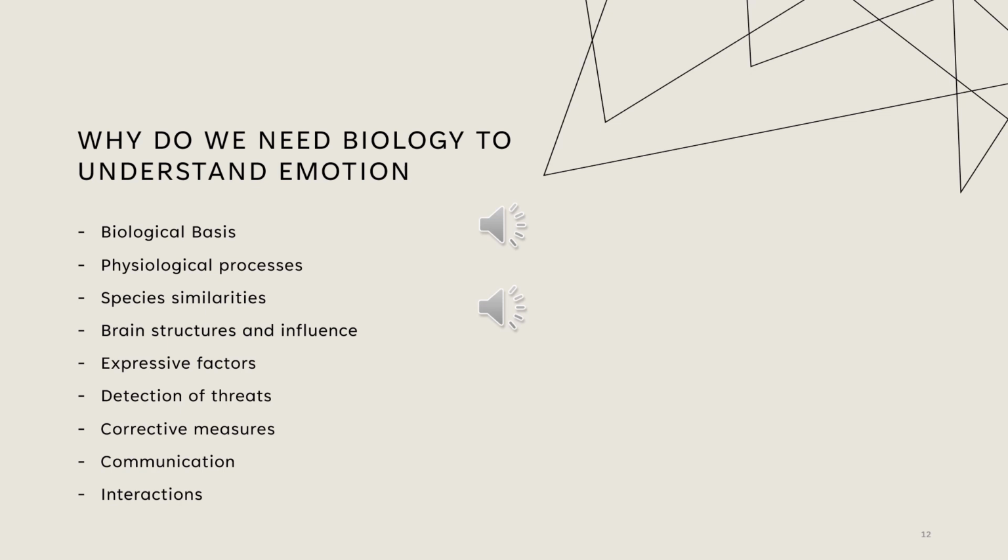So, as we went through brain structures and the influence that they have on emotions, each structure and process has a function or works together to serve many functions. Biology does matter. We would not be able to dive deep into the functions of any processes or any parts of our physical beings without having biology.